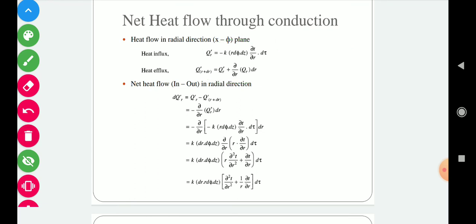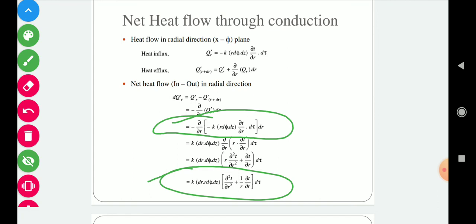So this dQr will be equal to Qr minus Qr plus dr. If we put in these two values, then this Qr will be cancelled out and we will be left with this value. Again, if we replace this Qr from this equation, then this equation can be written in this form, which after further simplification we can finally write in this form.